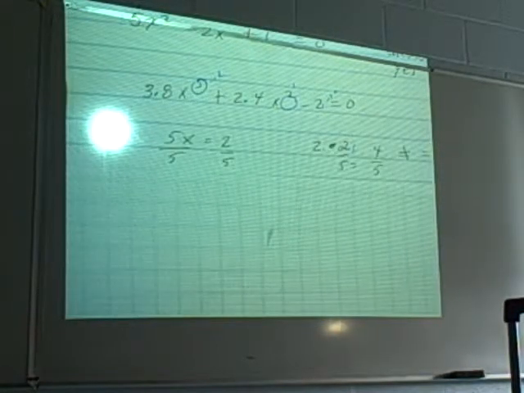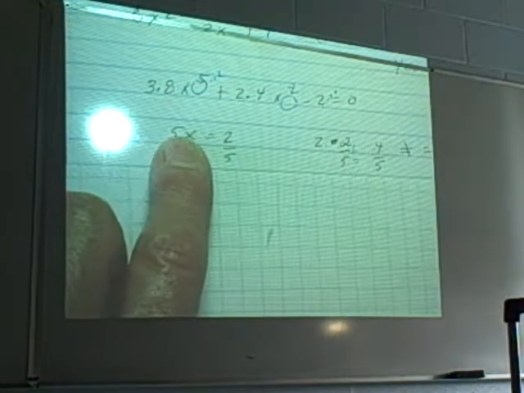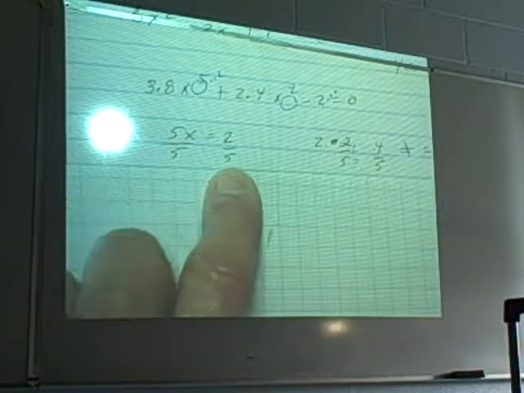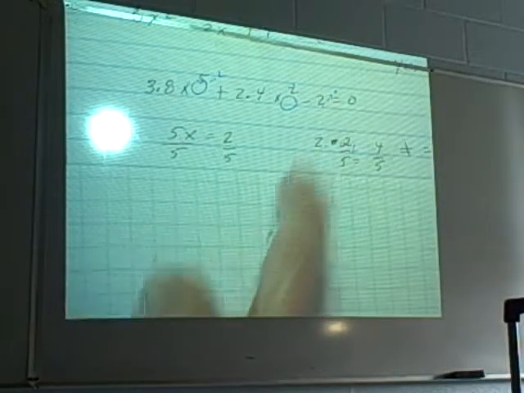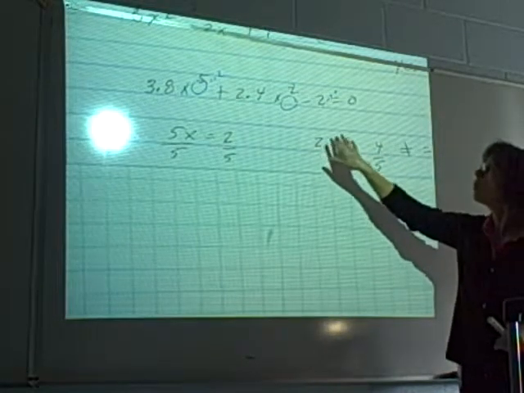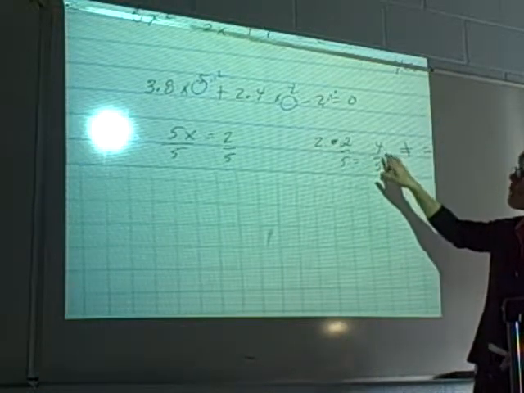So I just figured it out algebraically. 5 times what will give me a 2? And it's 2/5. Well, when I multiply, can I multiply 2 by 2/5? What am I going to get?